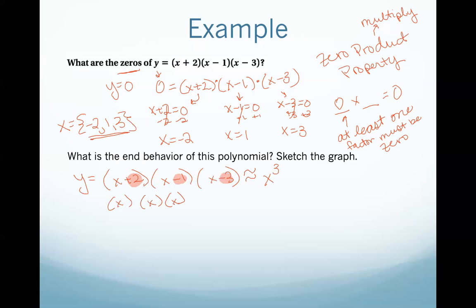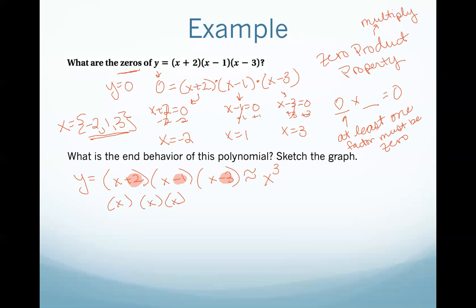Remember, the leading term is if I were to write out the whole polynomial and just look at the term with the highest exponent. So in order to find the end behavior of a polynomial, that's the shape of the polynomial, we only need to look at the leading term.